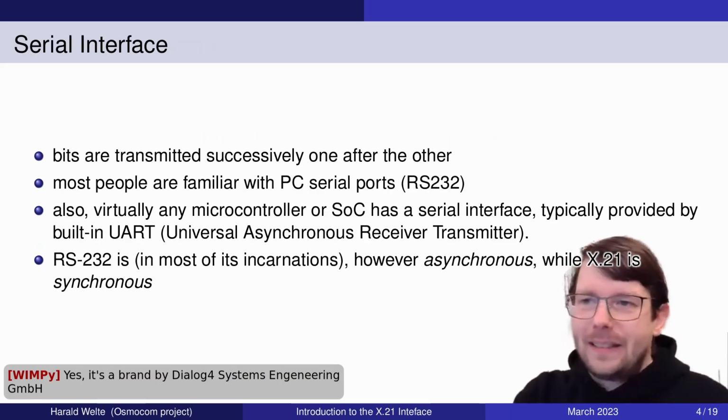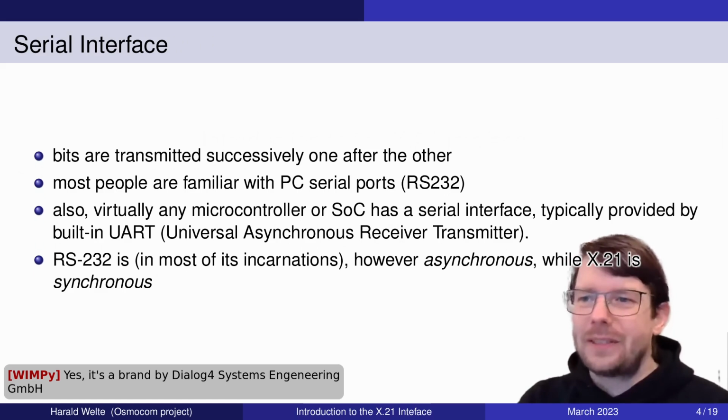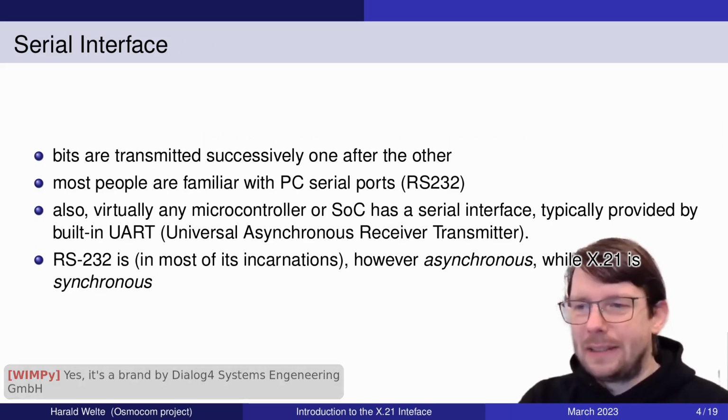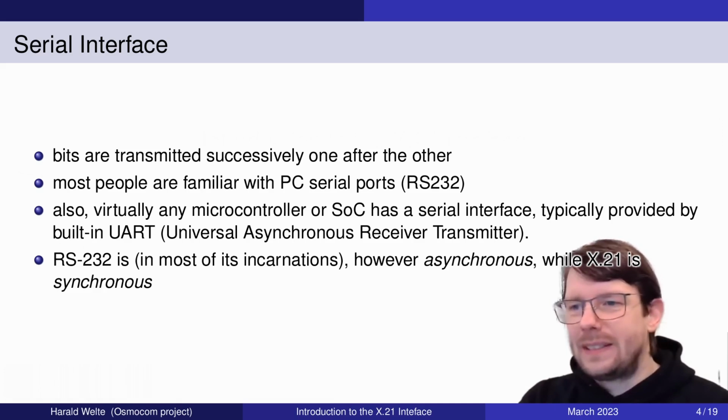So yeah, it's a serial interface in the first place. Serial means that bits are transmitted successively one after the other, unlike parallel interfaces, for example. Most people are familiar with PC serial ports, and they're often called RS-232, even though they implement only a small subset of RS-232, but that's what people mostly recognize as a serial interface.